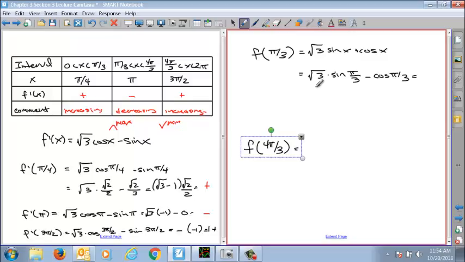So we get the square root of 3 times the sine of pi divided by 3 minus the cosine of pi divided by 3, and I get 1. And if I do 4 pi over 3 instead, I get negative 1. So that's my maximums and minimums.